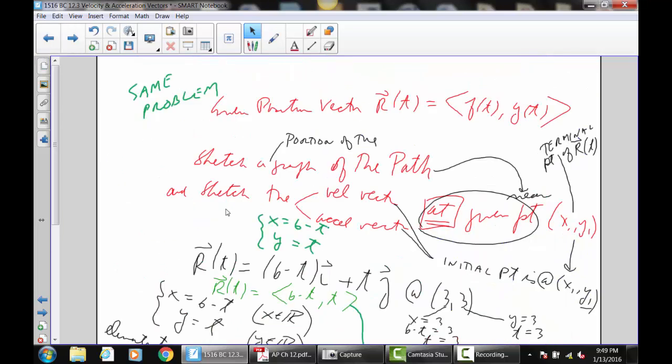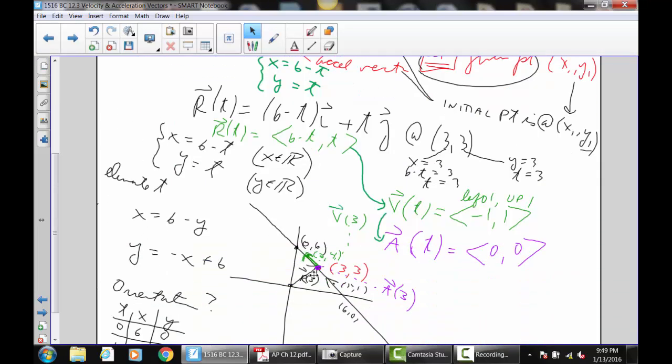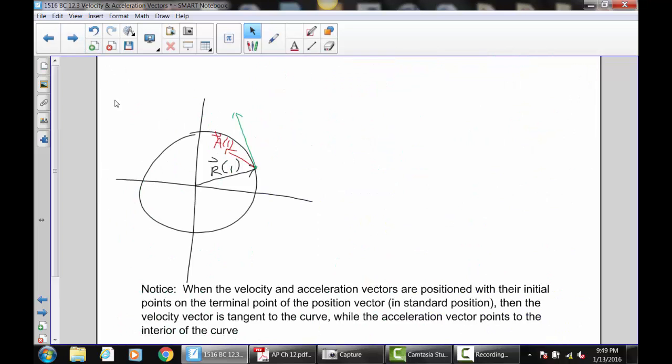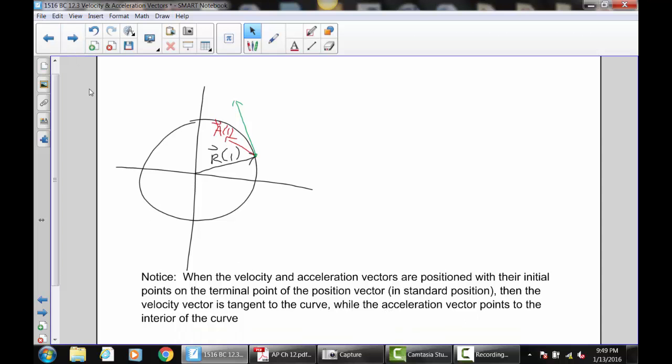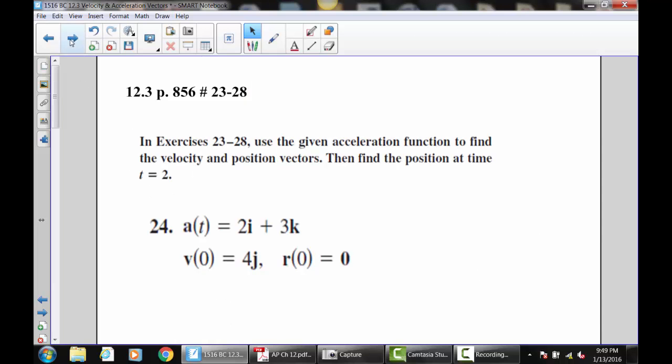Of course, here it's tangent to the curve at that point because this is a line. It has the same slope the whole time. The other thing you'll notice is that if it's a kind of closed figure and there is an interior of the figure, the acceleration vector will point into the interior of the curve. So that's just an observation.